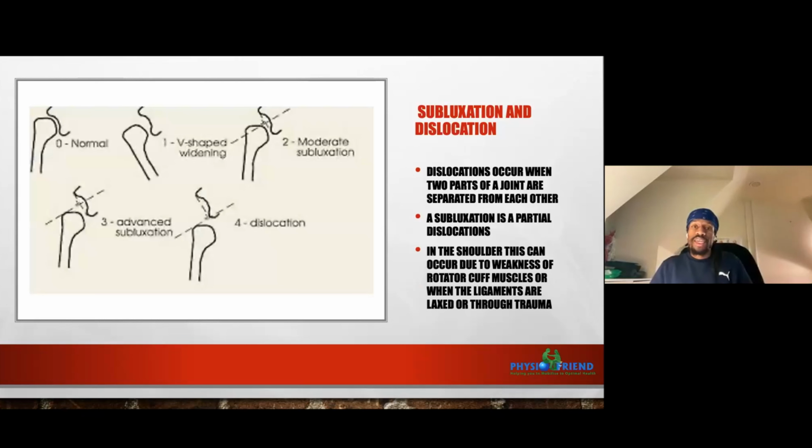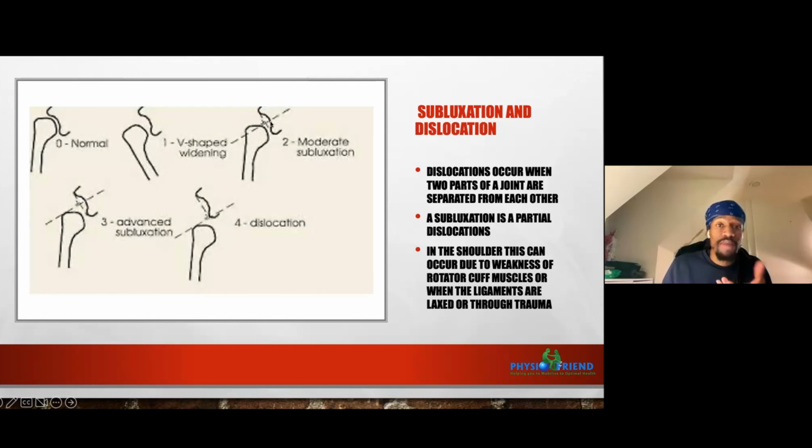So when we're looking at subluxations or dislocations, they can happen through trauma, or in the case of subluxation, as a result of just weakness of the rotator cuff muscles. With subluxation, the bones in the joint are still in contact with each other.